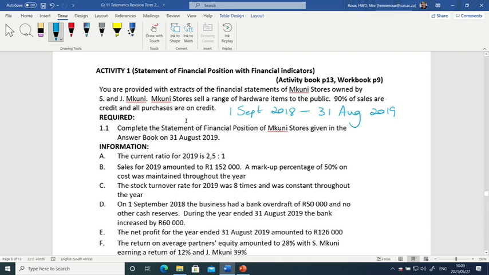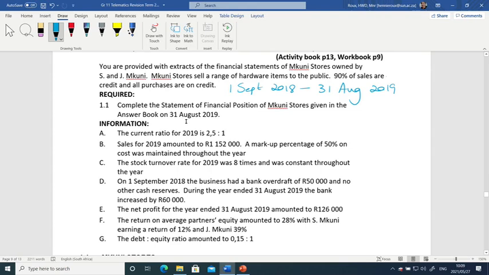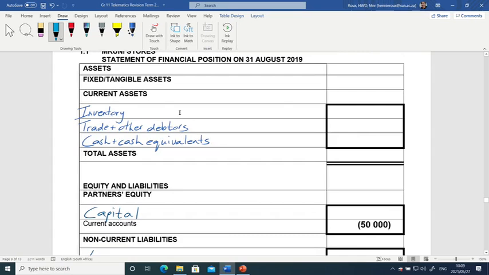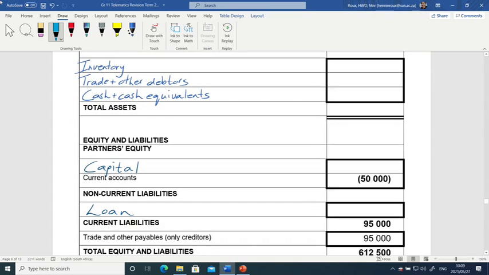And then they give you information, only that. And then you have to complete the statement of financial position, the whole thing. Now, maybe you will not see this in grade 11 in a final exam. Maybe you will do something like this in class. I hope you do.